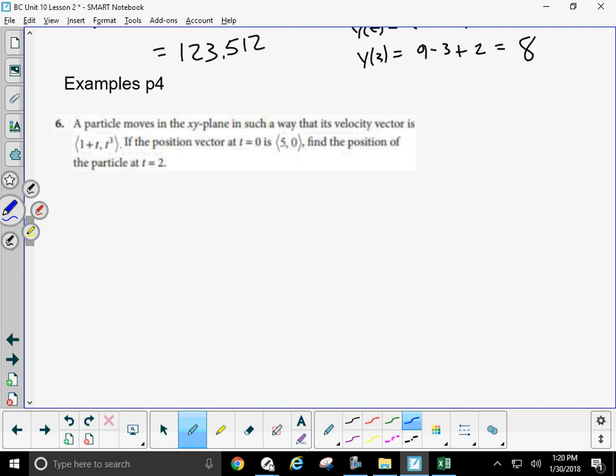But let's say I did give you a calculator and say, hey, we don't have much time. Let's quickly find the position of our particle at time t equals 2. Do not say the position vector, just say the position at t equals 0 is 5, 0.